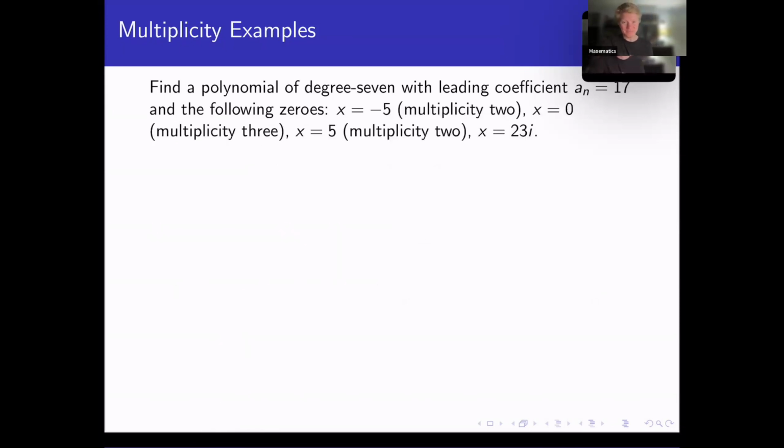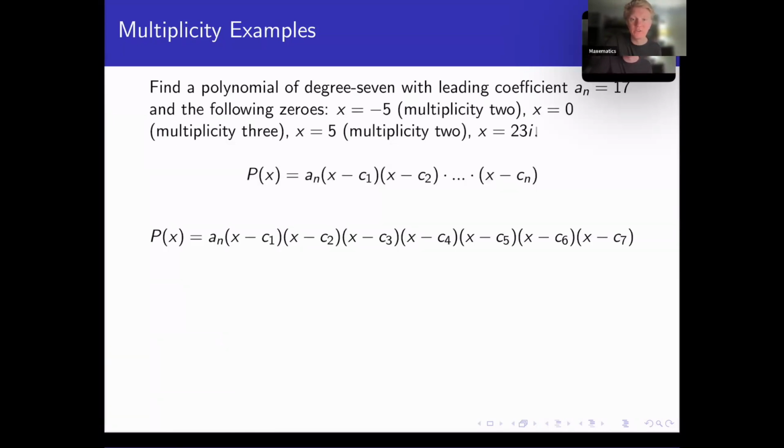All right. Degree 7, leading coefficient 17 with zeros: negative 5 multiplicity 2, 0 multiplicity 3, 5 multiplicity 2, and 23i. All right, degree 7, we have leading coefficient 17. We have x equals negative 5 multiplicity 2, so we'll throw a squared there. x equals 0 multiplicity 3, so x minus 0 cubed. x equals 5 multiplicity 2.